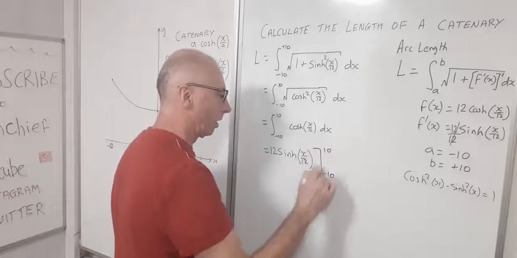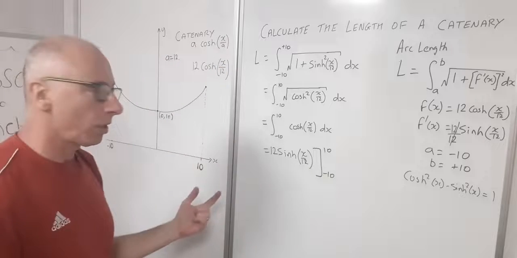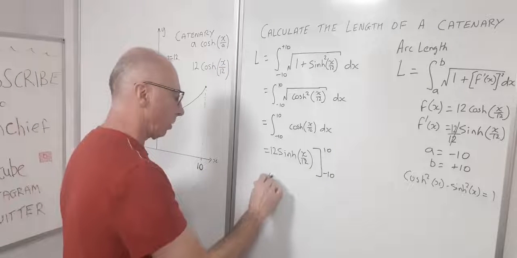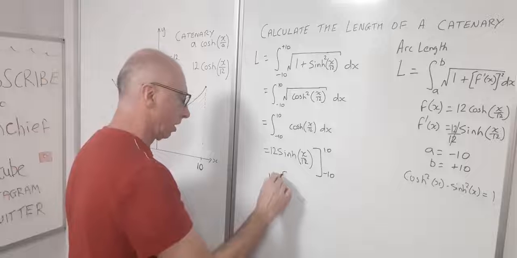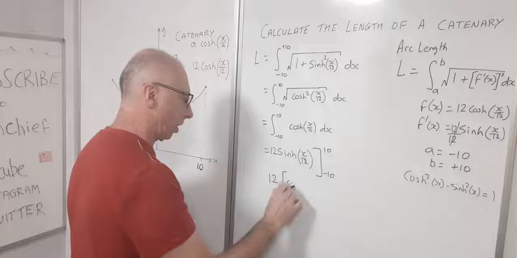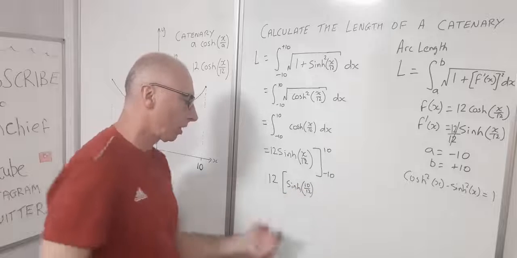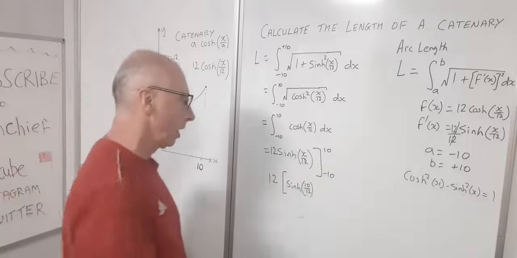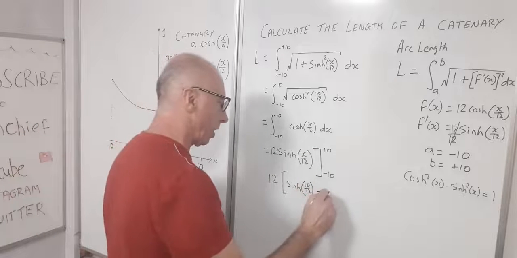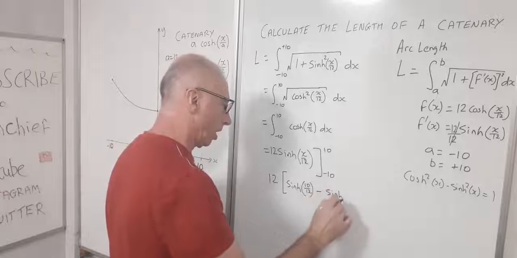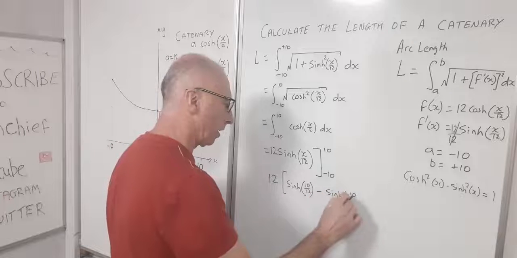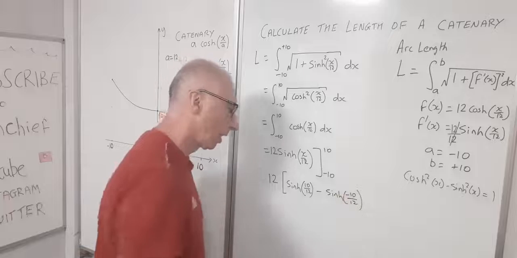Okay, so let's do that. So now we've got 12 times sinh of 10 over 12. I know we can simplify, but so we can see what we're doing, we'll subtract from it 12 sinh of minus 10 over 12.